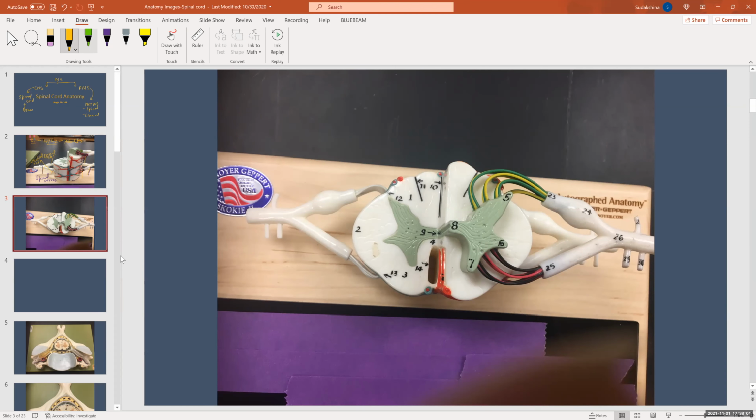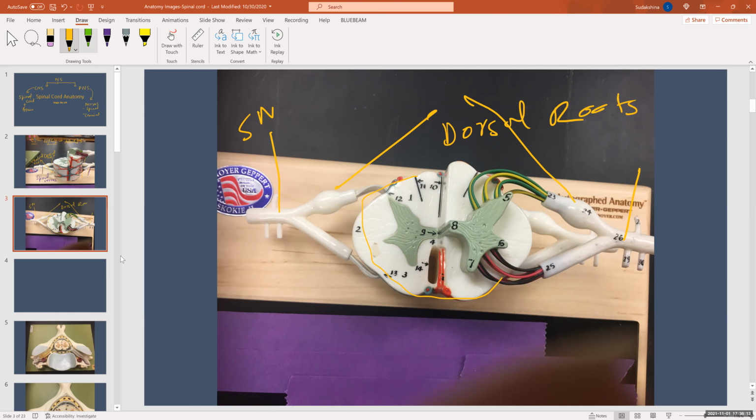This is the spinal cord. All of these are spinal nerves. These are the dorsal roots of the spinal nerve, while these, which don't have that swelling, that bulge, are the ventral roots.